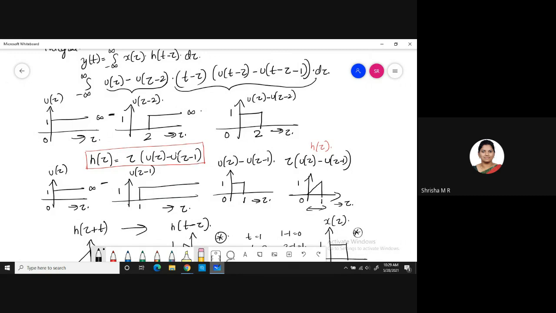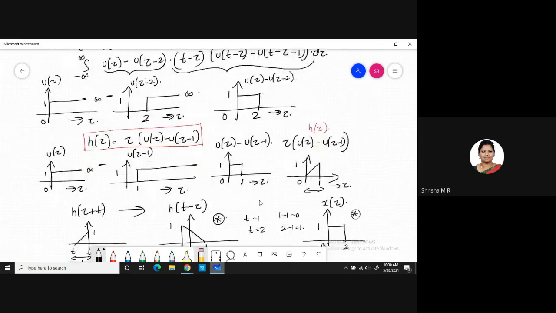If you subtract these two, you'll have the signal existing from 0 to 1 with an amplitude 1. Okay. If you multiply tau to this signal, at tau equal to 0, the signal will be at 0. If tau is equal to 1, the signal will be at 1. Okay, so this is your signal, h of tau.